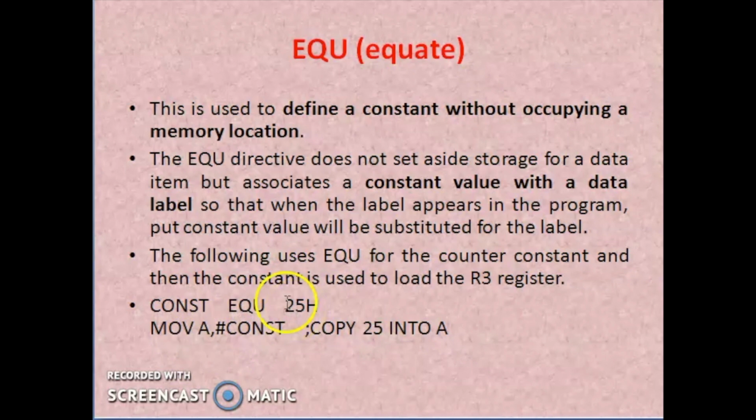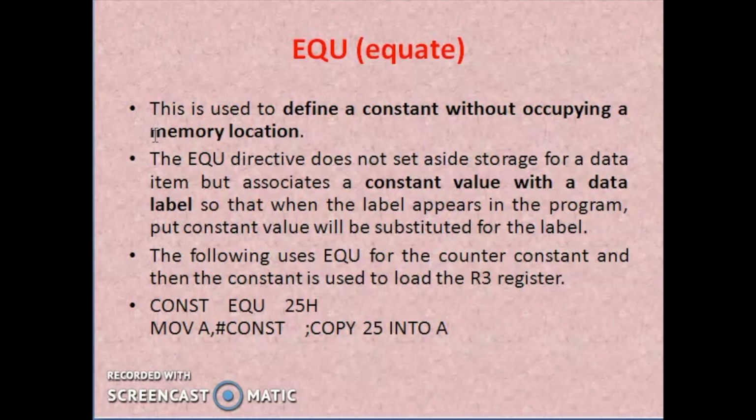Okay. So what are directives? Directives are pseudo instructions, and the only data type which is used is DB, that is data byte. It is only an 8-bit value, and the 8-bit value goes from 00 to FF, and we can represent the data either in decimal form, hexadecimal form, binary form, or ASCII form.